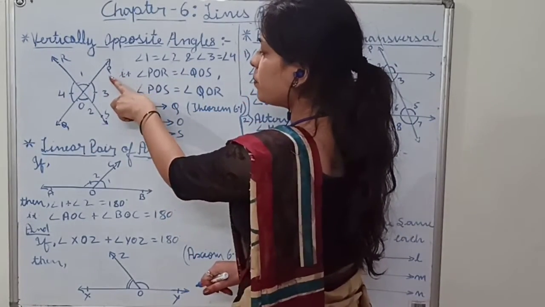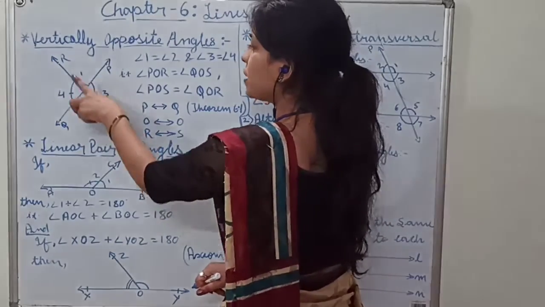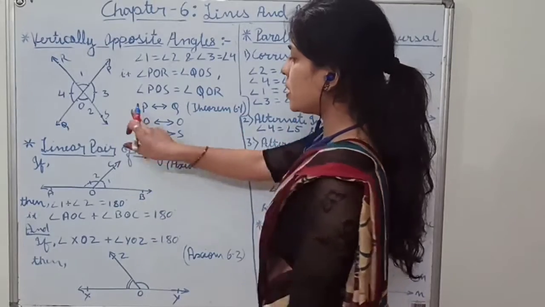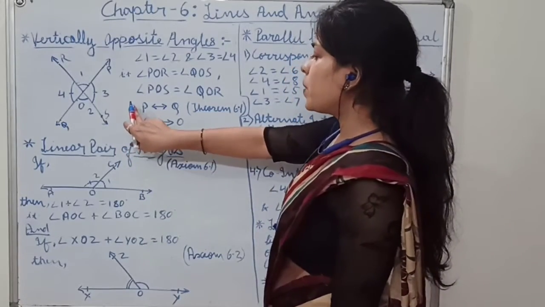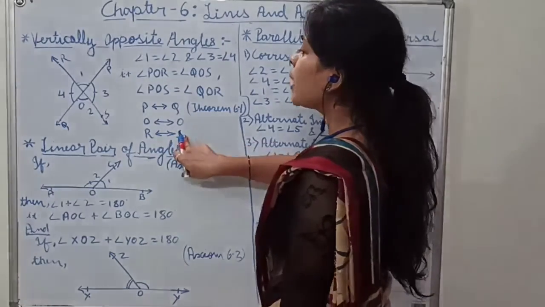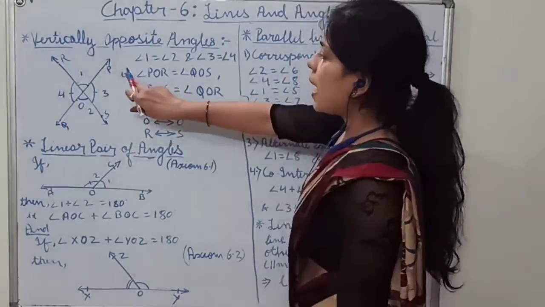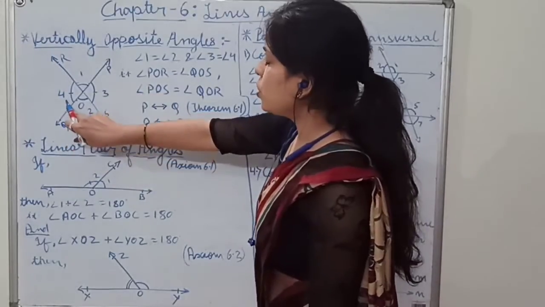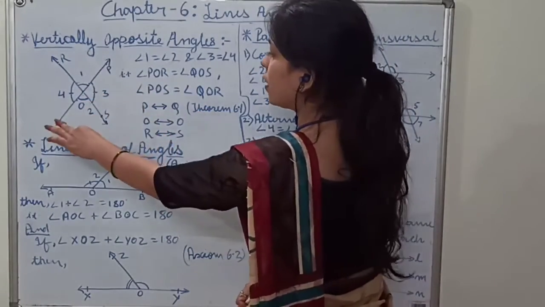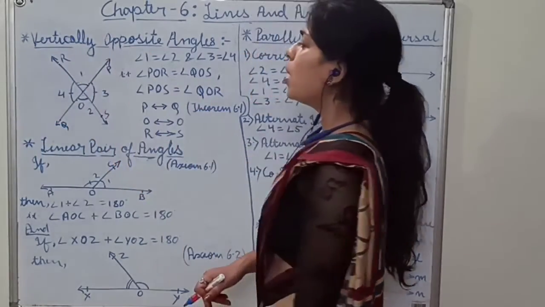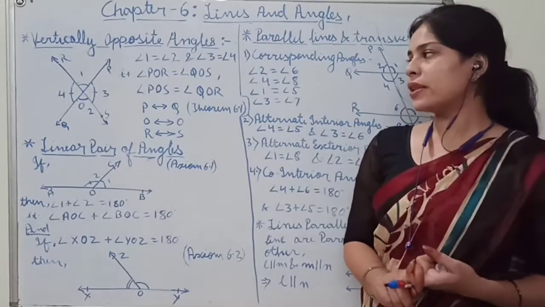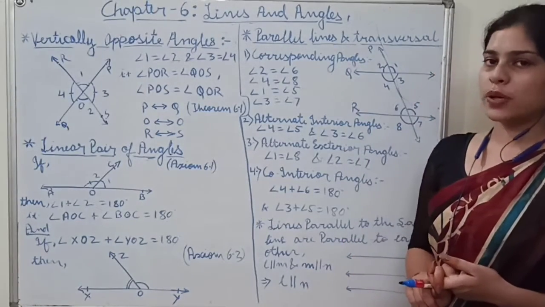Here I have written the correspondence of each point: P corresponds to Q, O corresponds to O, and R corresponds to S. So angle POR will be equal to angle QOS, and angle POS will be equal to angle QOR. So whenever two lines intersect each other, the vertically opposite angles are equal.